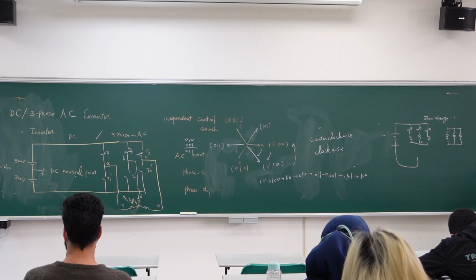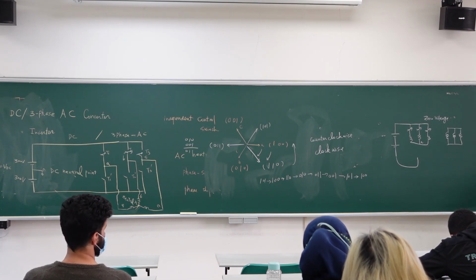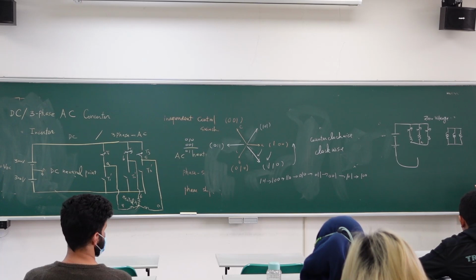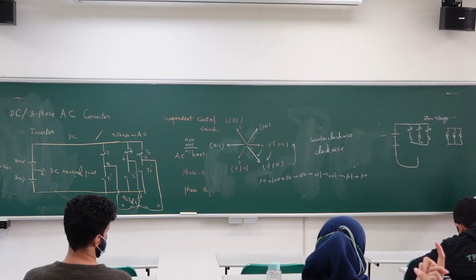So what is the usage of 0 voltage? You have a motor, but you put 0 voltage, then what happens? No work, right? Because you cannot add any energy, so it is only 0 voltage.